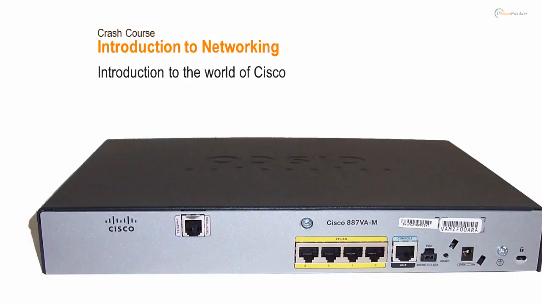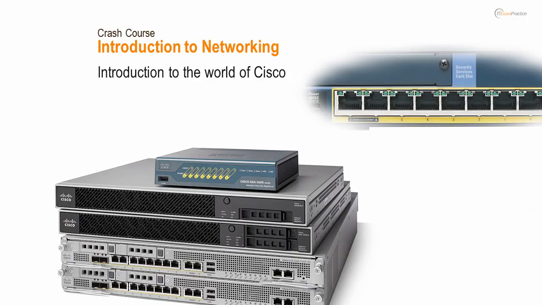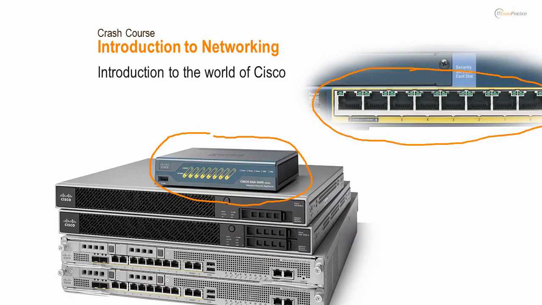Here we go, a very popular Cisco router, 887VA. Now I showed you an ASA firewall, ASA 5505, that's the box. Over here, it's cute, isn't it? At the back, again, it is a small office, home office device. That's why there is a switch.